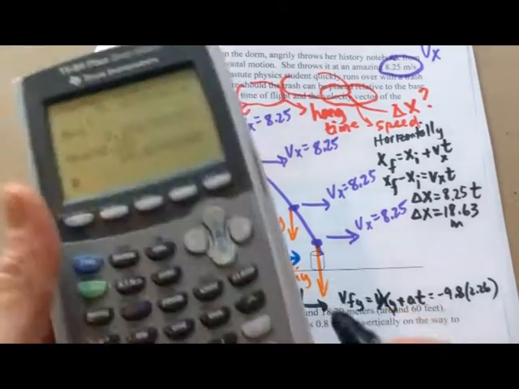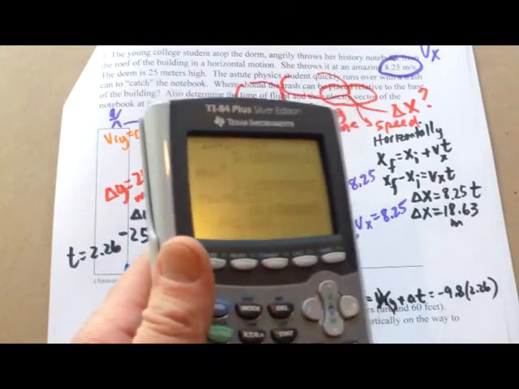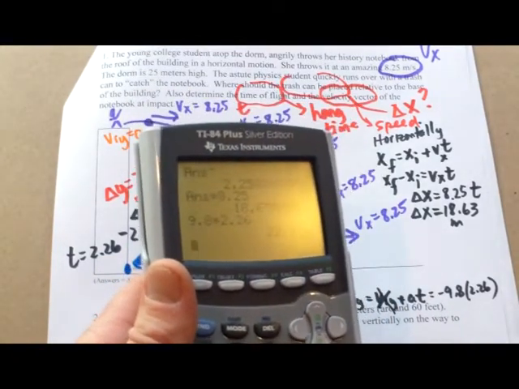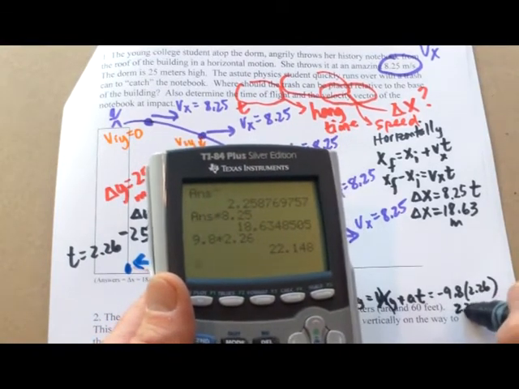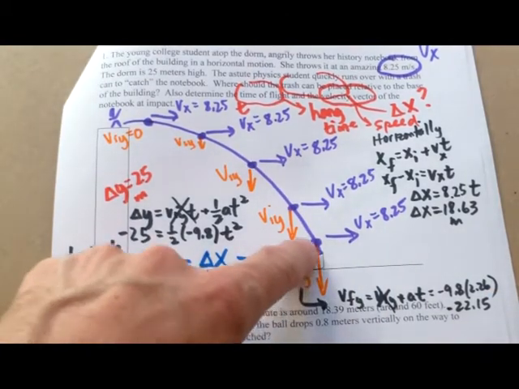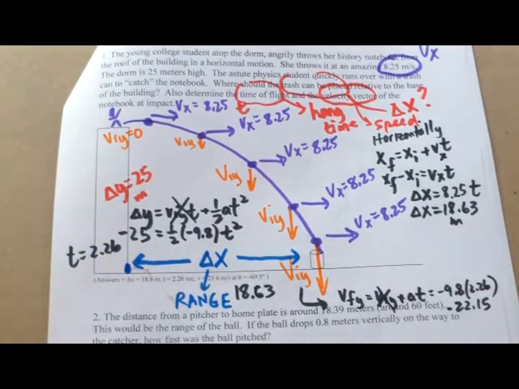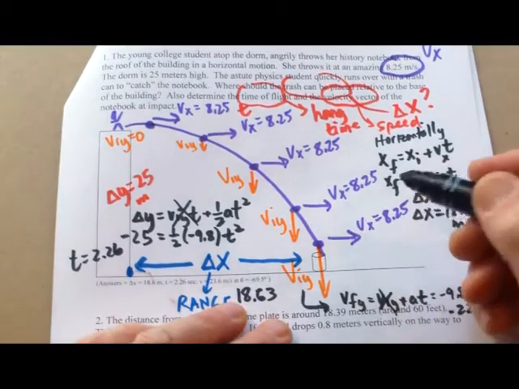So we're going to take 9.8 times 2.26. We get 22.15. Now, we know that's negative, but my arrow is showing downward. Remember that the negative sign really just means direction. So what we can do is really say, okay, that's just 22.15.